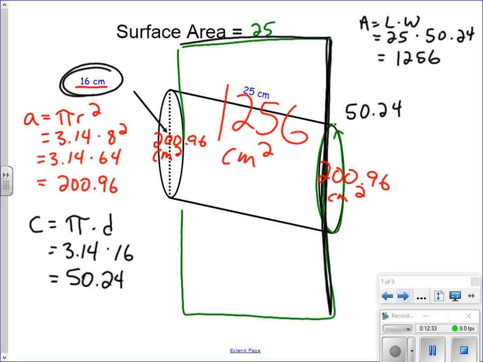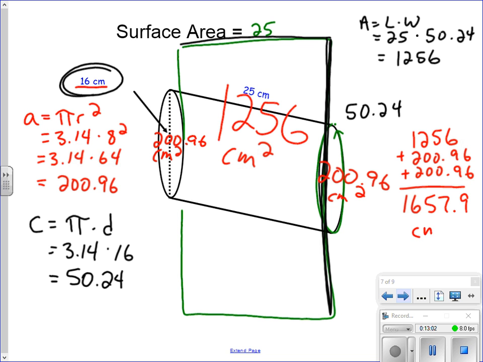I add those all together, so I'm going to add 1256 plus 200.96 plus 200.96 for a grand total of 1657.92. So I'm just going to leave it as 1657.9 centimeters squared, total surface area of this shape.